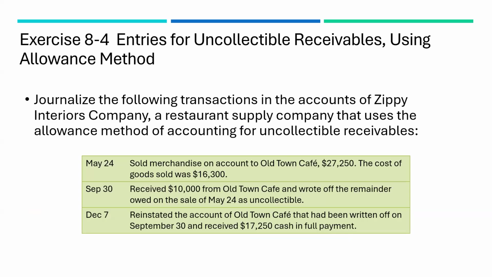And using the allowance method, they sold merchandise on account. They received 10,000 and deemed the remainder uncollectible, and then they received the full cash payment.